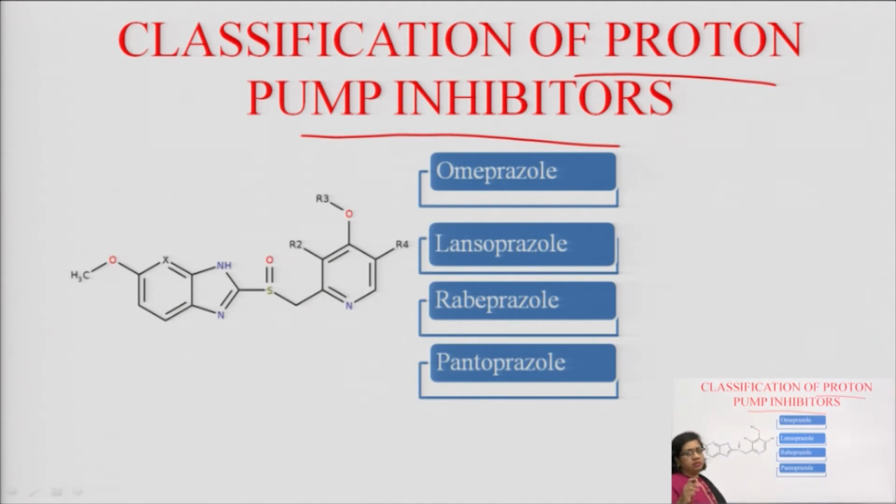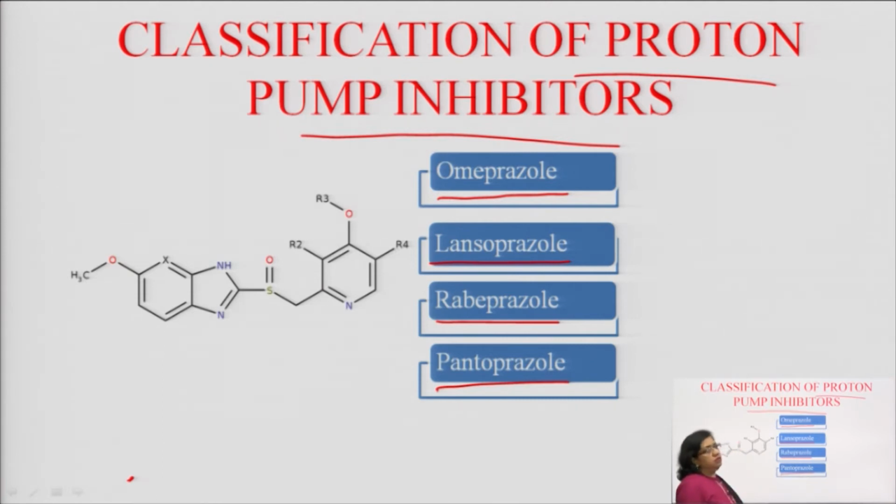In your syllabus, 4 proton pump inhibitors are mentioned: omeprazole, lansoprazole, rabeprazole, and pantoprazole.